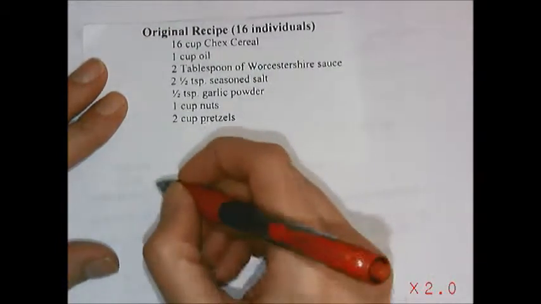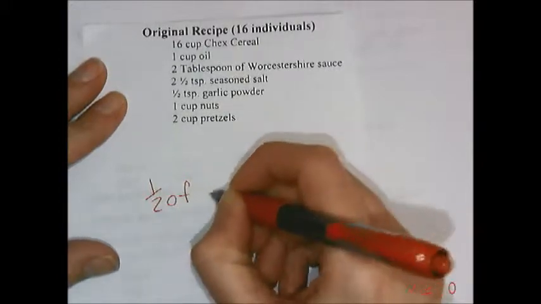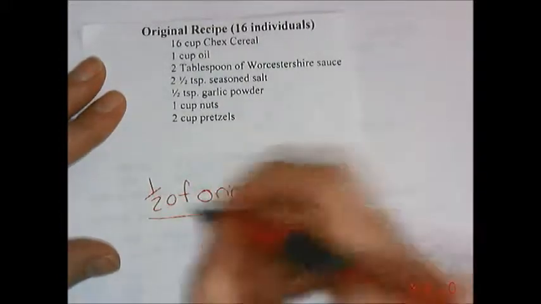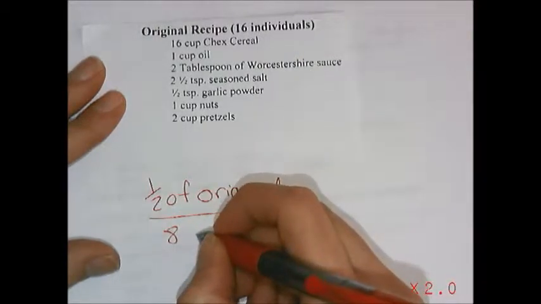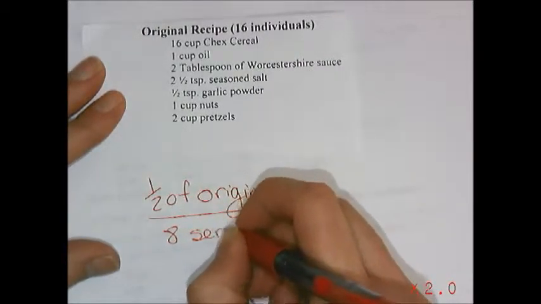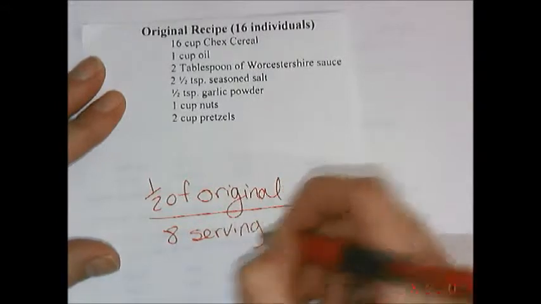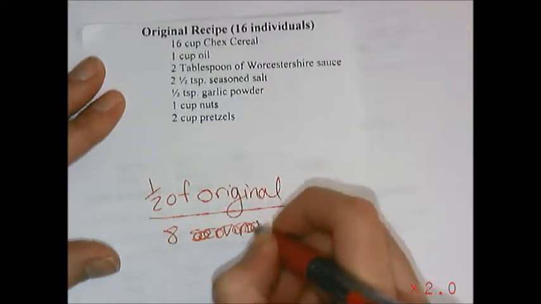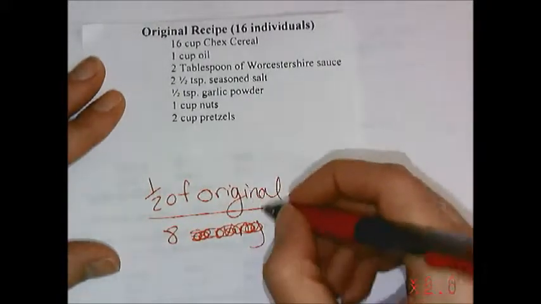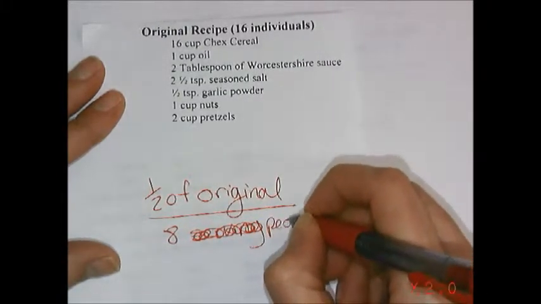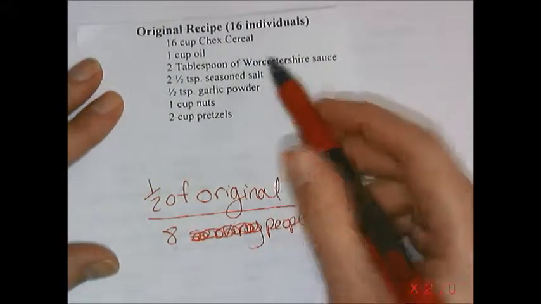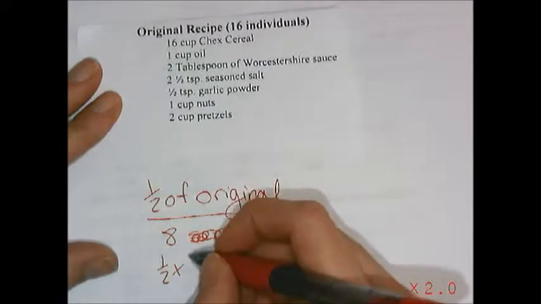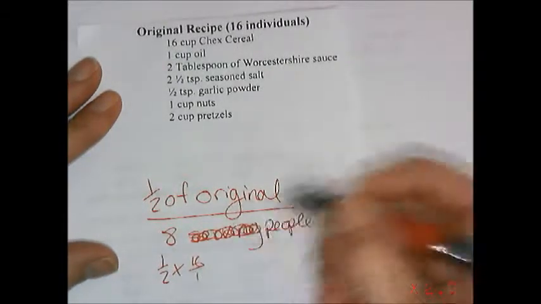Well, I know half of 16 is 8 servings. It'll serve 8 people. Or I'm not going to say 8 servings. Sometimes a serving can be served more than one person. I'll say 8 people.